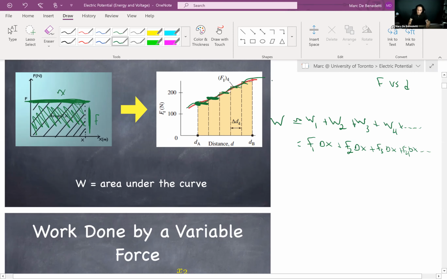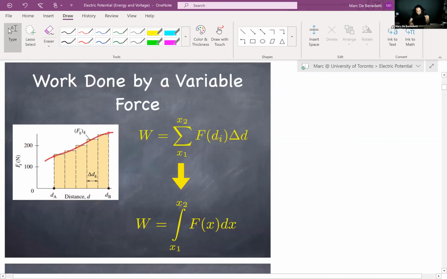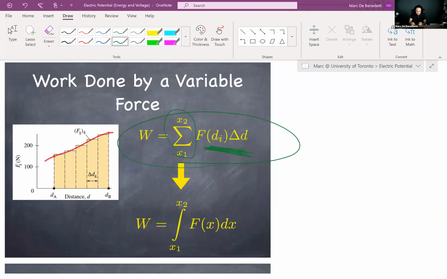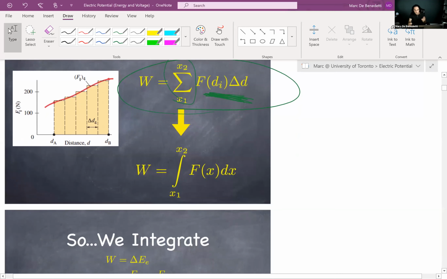That's a good approximation. It's also really tedious. Now, if you remember your calculus, not even robustly, just the notion, you'll know that this is the precursor to an integral. It's called a Riemann sum. So here you have the work done is the sum of all the individual rectangles. But if you shrink the width of the rectangles to be very, very small, then the Riemann sum becomes the integral.